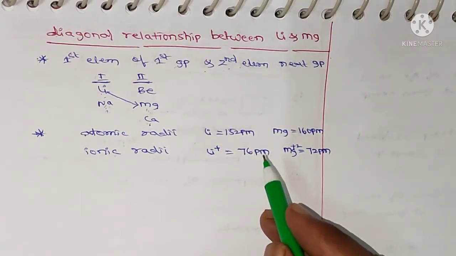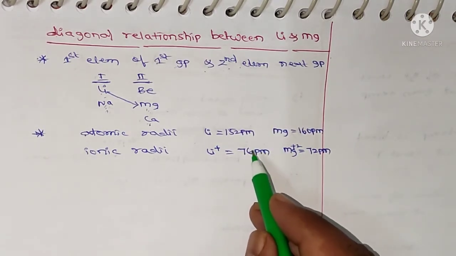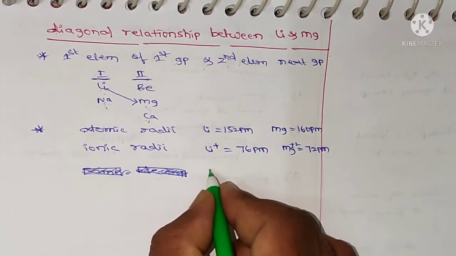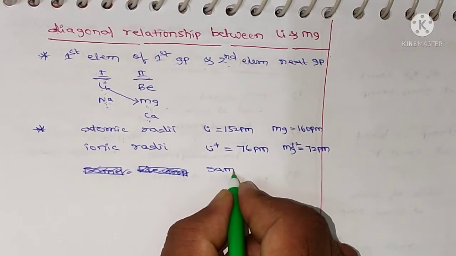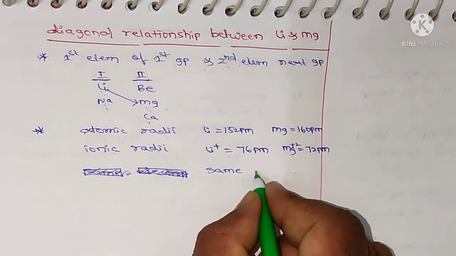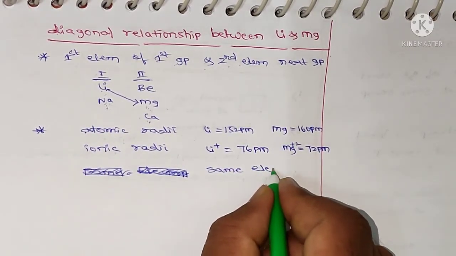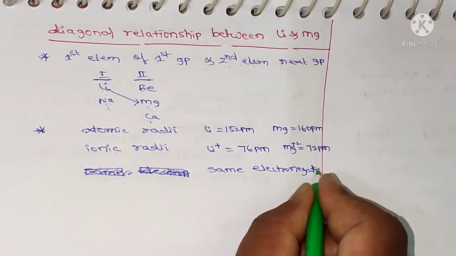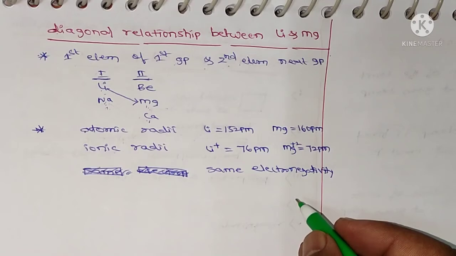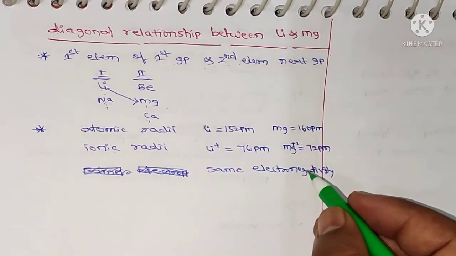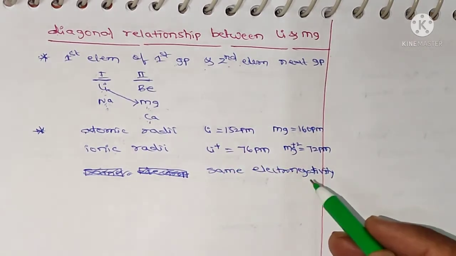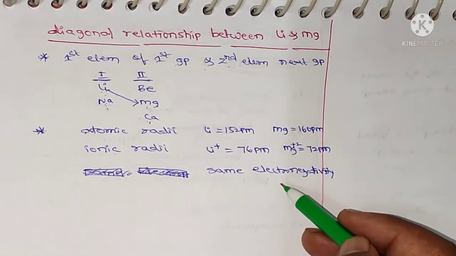So that's why these two metals show the diagonal relationship and also have the same electronegativity. So the reason for diagonal relationship is having the same size and same electronegativity.